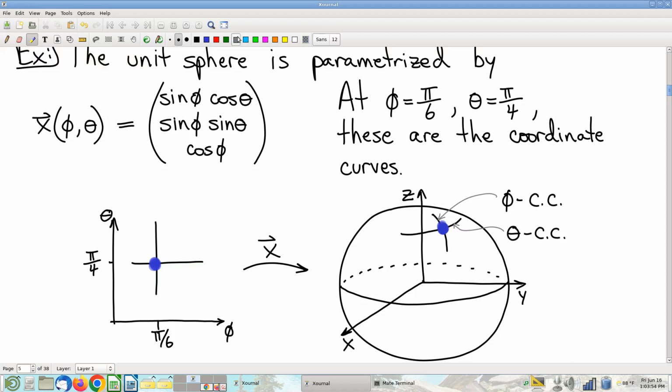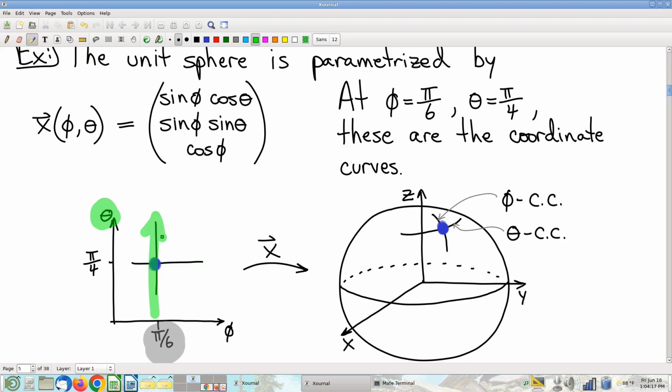Okay, so let's fix, doesn't matter, let's fix phi as pi over 6. So phi is not allowed to change. I'm going to then have theta be my variable. Theta is allowed to change. Theta can vary, a little less, a little more than the starting point, pi over 4.